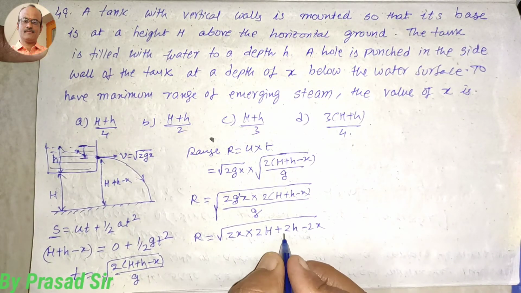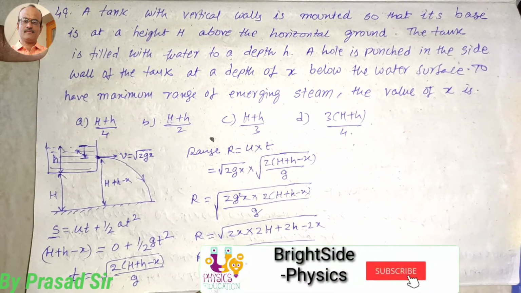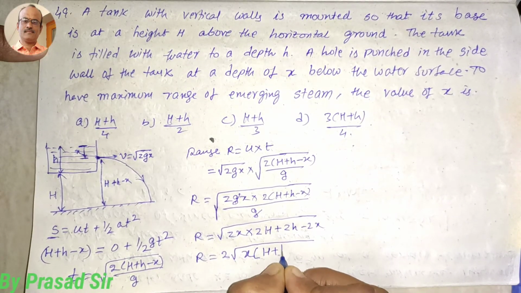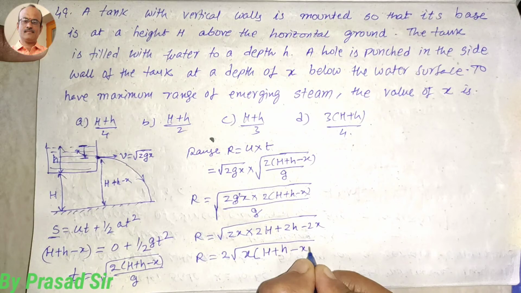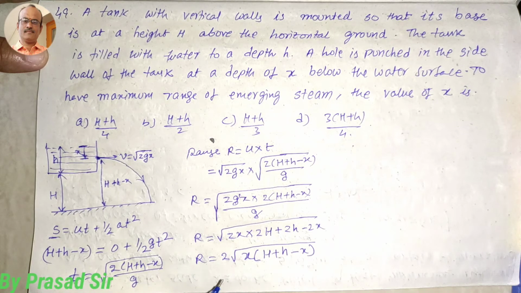In all these cases 2 is common and square root of x is common, so R is equal to 2 times square root of x times (capital H plus small h minus x). This is the value we got.